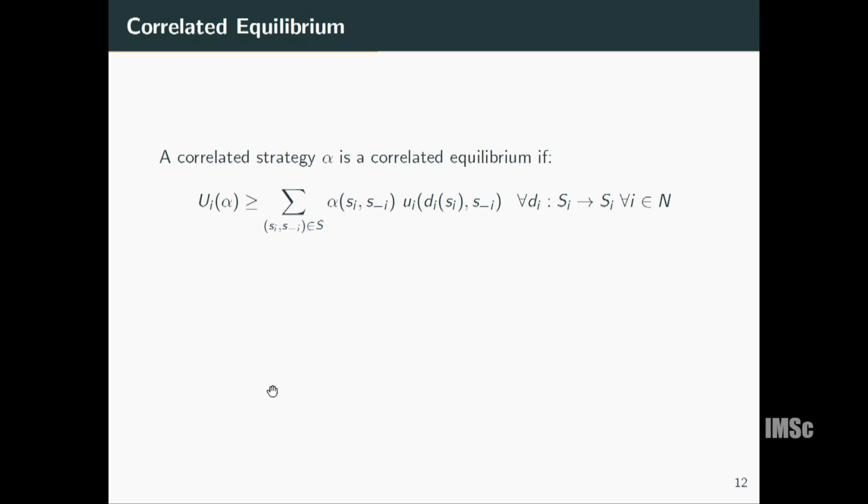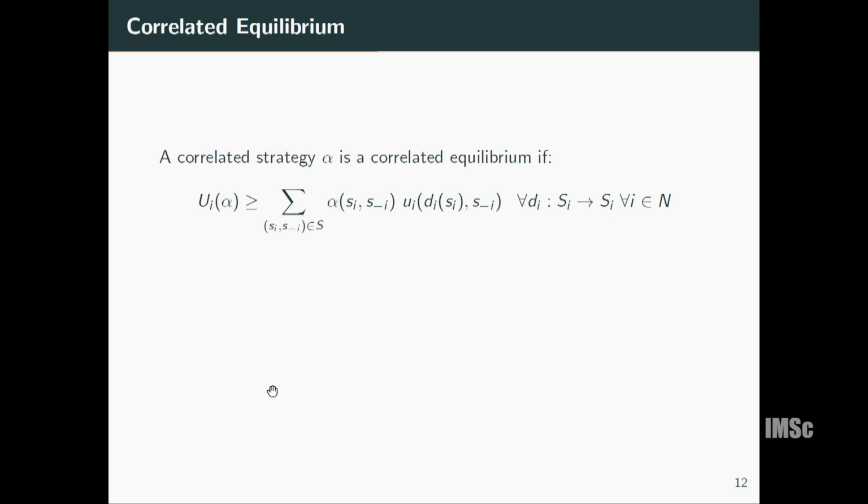What does alpha(si, s-i) mean? It is the probability that you are assigning to the strategy profile (si, s-i). Correct. So, in this particular case, let us say I am talking about (C, NC). Then what does it mean? It means that (C, C) has probability 0, (C, NC) has 0.5 and so on and so forth.